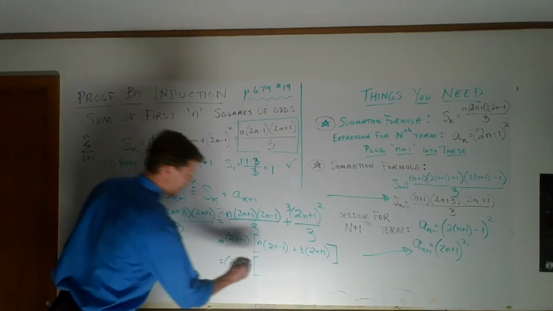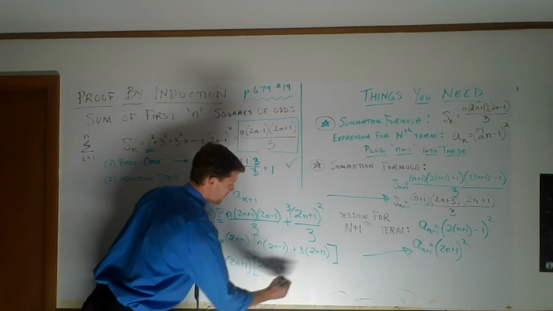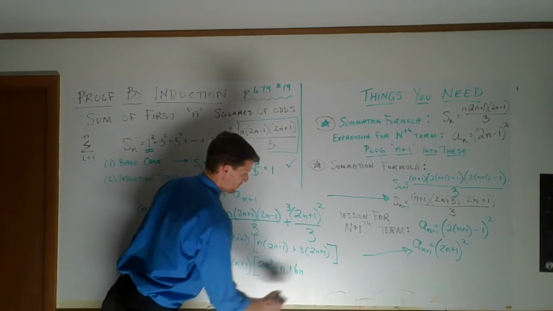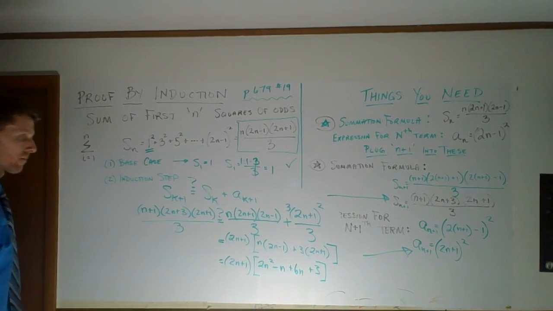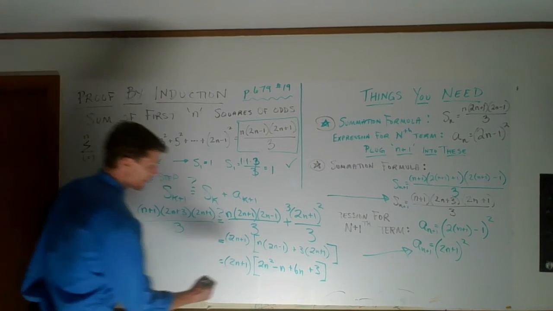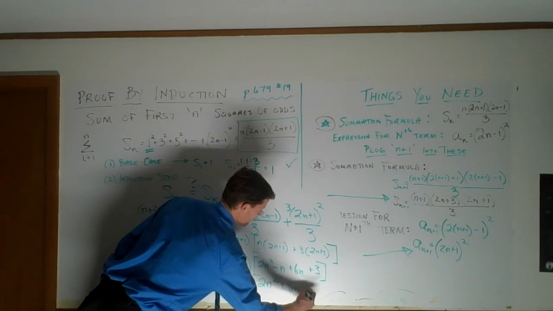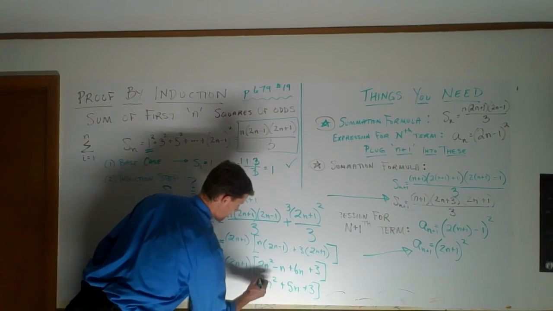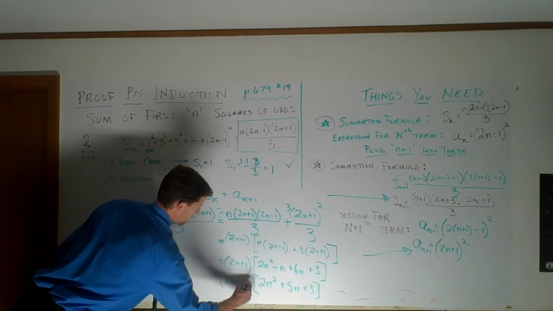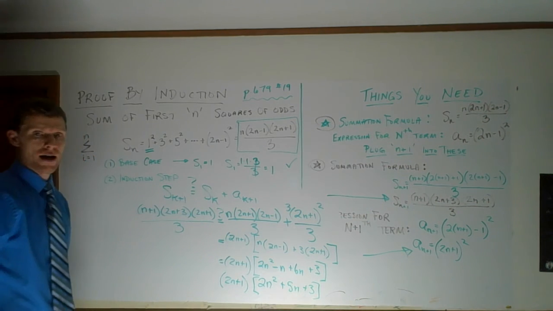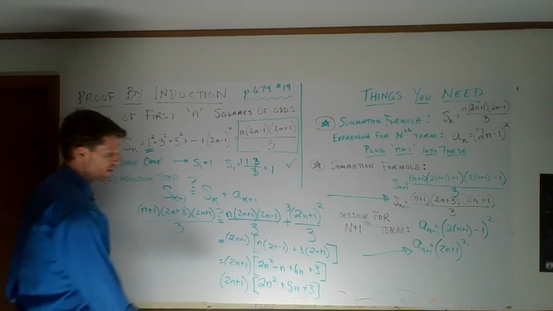And now we have to expand this out. 2n squared minus n plus 6n plus 3. 2n squared plus 5n plus 3. I'm pretty much out of space, but you got algebra skills, so you could finish this.